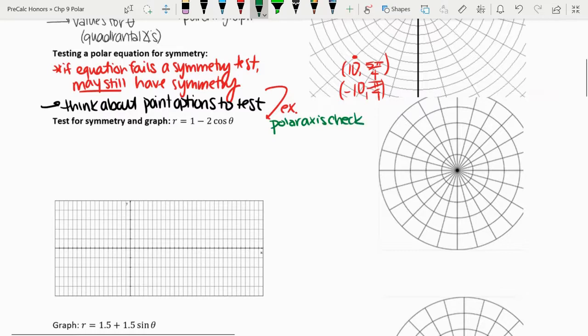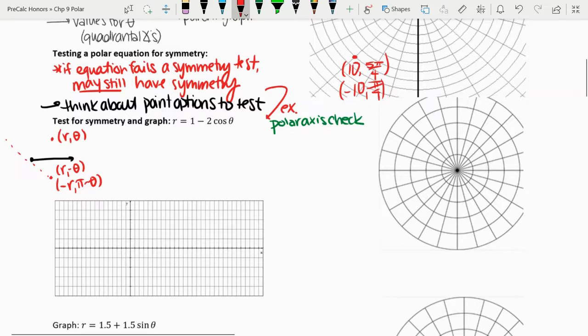And if you guys remember, the polar axis symmetry was if we had a point up here in quadrant 1, r theta, then we would also have a point down here. And we could label this r negative theta. We could label it, I think another way we did was negative r, pi minus theta, right? That's in the quadrant across.